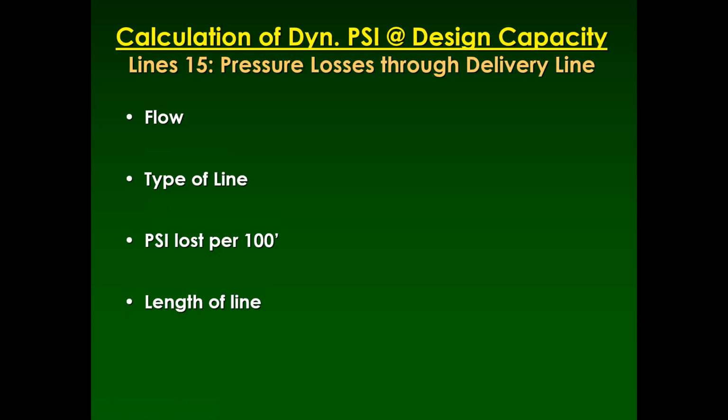Now we need to figure out our pressure loss through our delivery line. So our delivery line is what material? It is Schedule 40. Yep, Schedule 40 PVC. So again, we're basing on that 18 gallons per minute. The type of line is Schedule 40. Let's go back to our chart.